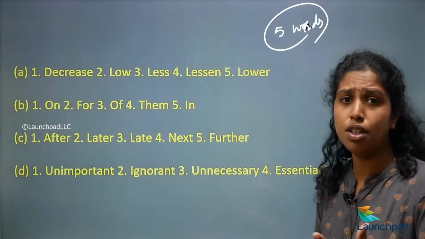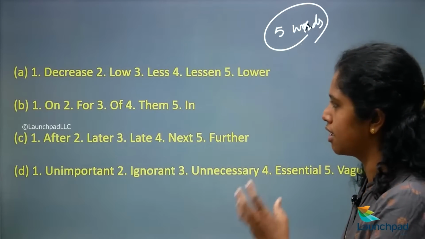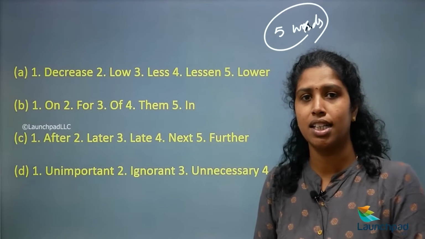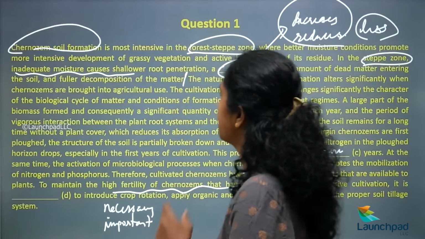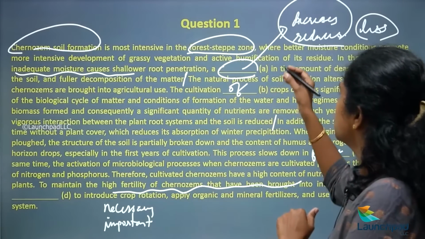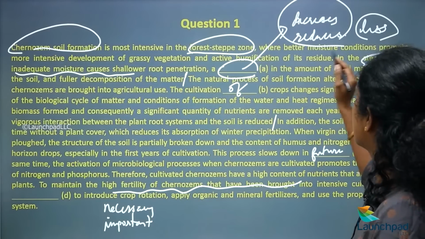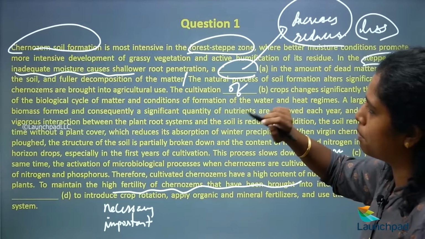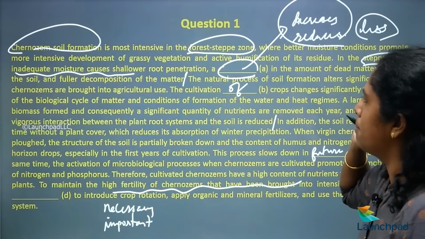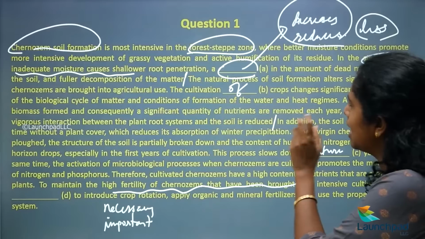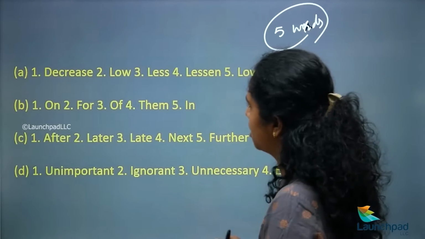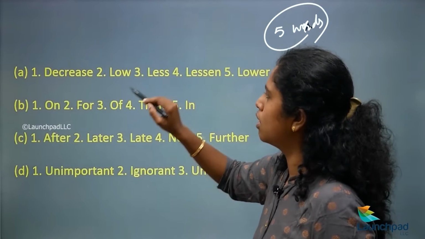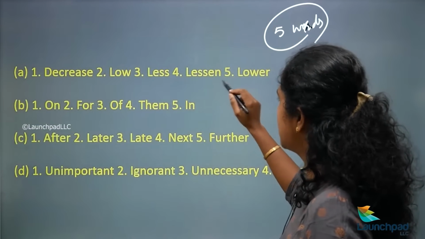So how will you choose the most appropriate word? So here you need to choose the word that will significantly match in that particular sentence, right? Next. So let's look at this sentence. So in the steppe zone, inadequate moisture causes shallow root penetration, or less in the amount, or now let's see, a dash in the amount, a decrease in the amount, a low in the amount, a lessen or lower.